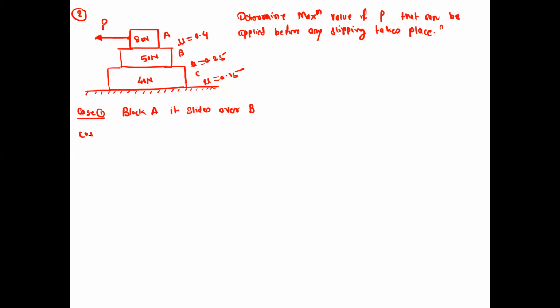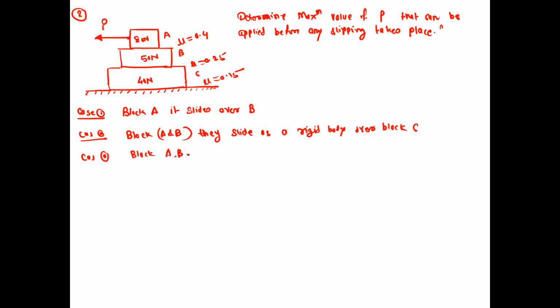In the second case, we will assume blocks A and B slide as a rigid body over the block C. And the third condition is blocks A, B, and C, all these blocks slide as one rigid body over the ground.